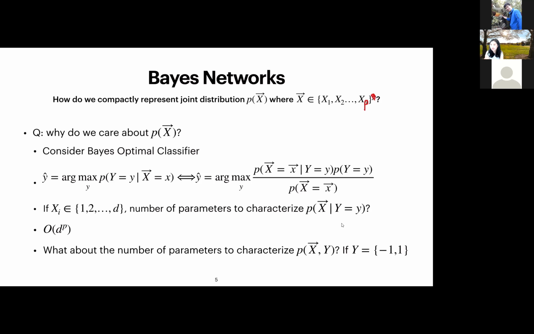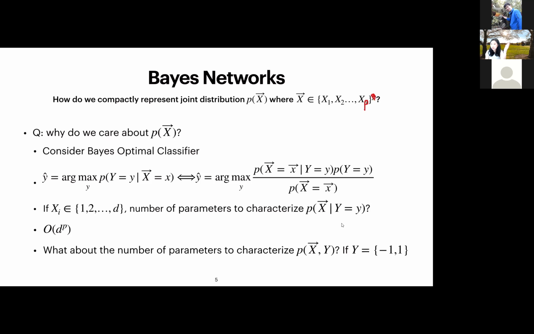I can enumerate the values of X from 1 to D. So it's already a very simplified situation. The only thing is that I have P here. P means the number of random variables in my entire problem, right? So this is the so-called high dimensional setting if P is really large, because think about a training data set. You have these features. So let's say you have 1,000 features.